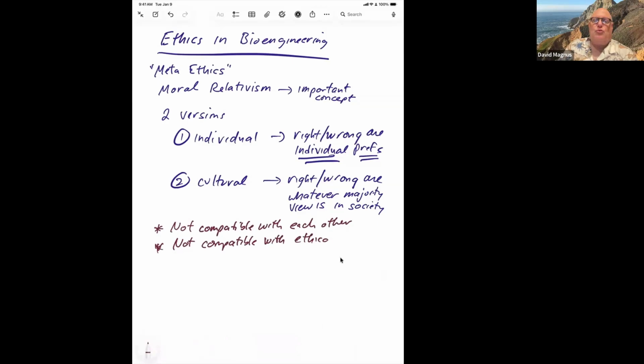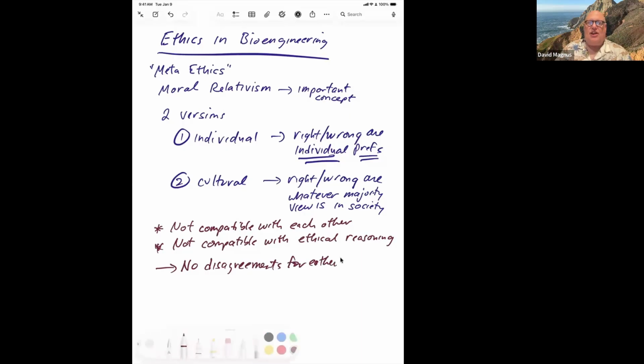So the first reason why they're not compatible with ethical reasoning is you really couldn't have any moral arguments or disagreements on either version. If individual moral relativism was true, there's no moral contradiction in one person saying, I believe something is right, and somebody else saying, I believe that same thing is wrong.